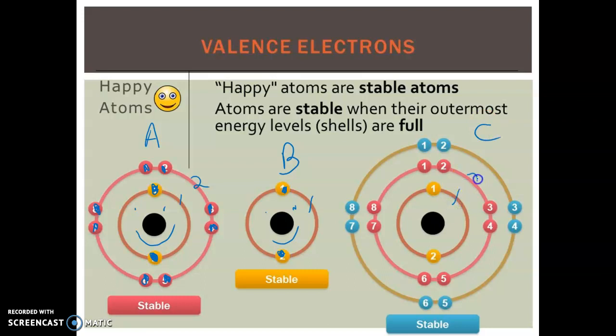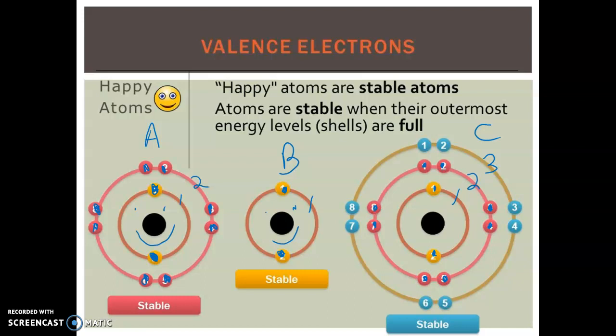And then the last one on the right here, let's call it atom C, is using 3 energy levels, 1, 2, and 3. If you look at all the numbers, again, 1, 2 fills the first energy level. Then we have another 1, 2, 3, 4, 5, 6, 7, 8 electrons that fills the second.